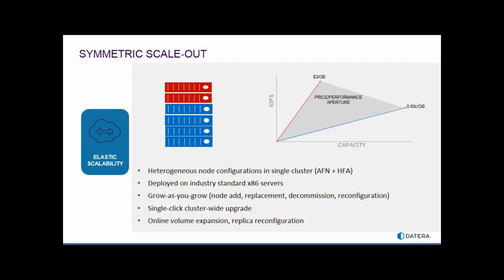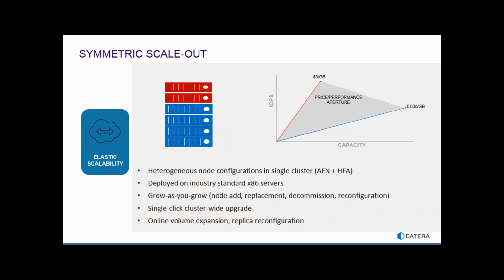All right. So this is taking a different view of the scale-out architecture. You could start with 3 nodes or a small configuration, and you grow your cluster. Here is an example where you have the blue representing the hybrid flash nodes and red representing the all-flash nodes. You can have a cluster with a mixed configuration, and what we allow for is this wide price performance aperture.